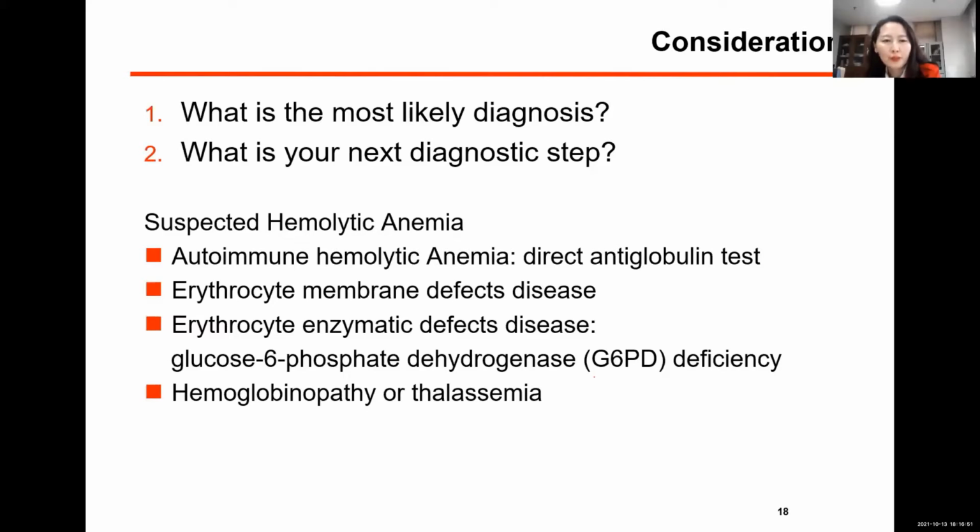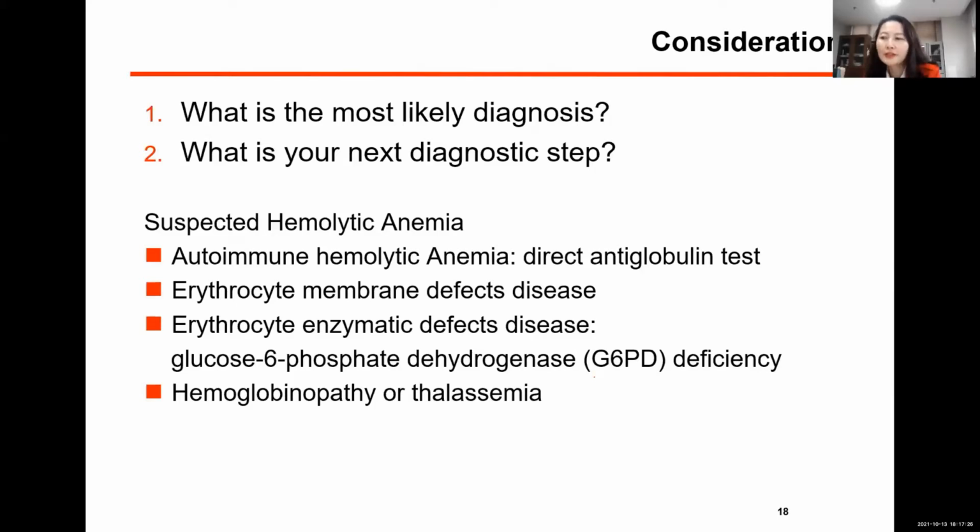They are autoimmune hemolytic anemia, erythrocyte membrane defect disease, erythrocyte enzymatic defect disease, hemoglobinopathy, or thalassemia. But considering the patient's mother has a hereditary spherocytosis history, the most likely diagnosis is hereditary spherocytosis.